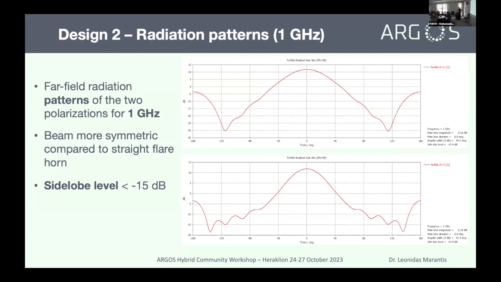Probably. I'm sure that Thanasis tomorrow is going to give a detailed presentation about the RFI measurements, and we'll discuss this better. But from the results that we have seen so far, I think we're going to have some notch filters for sure, especially at the lower end of the band.